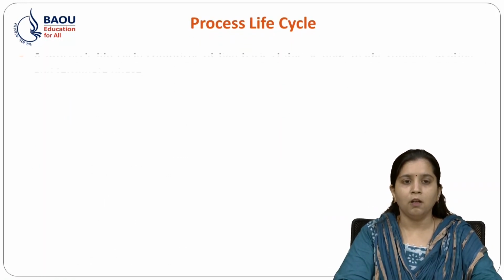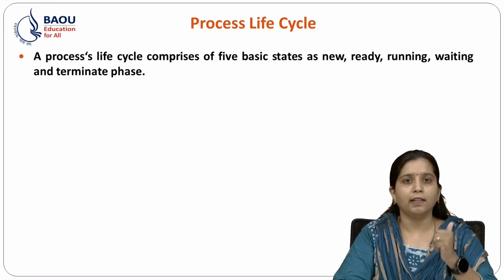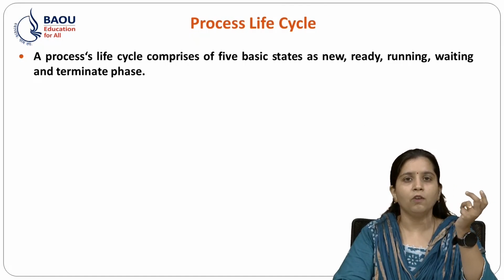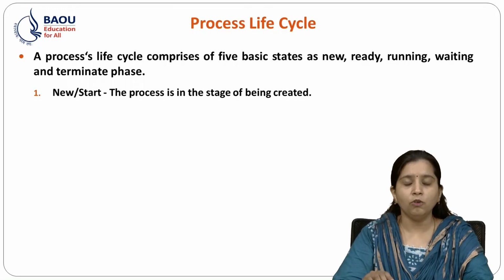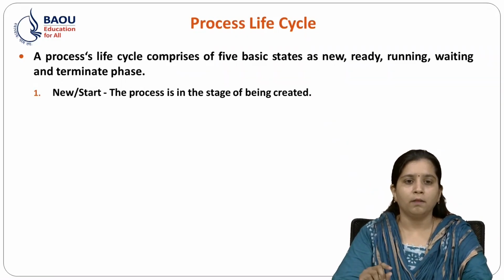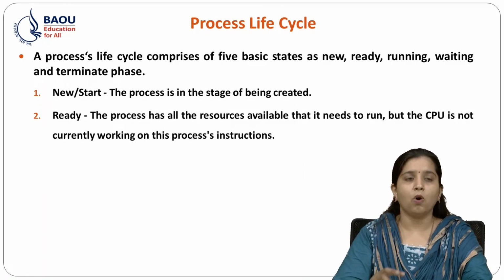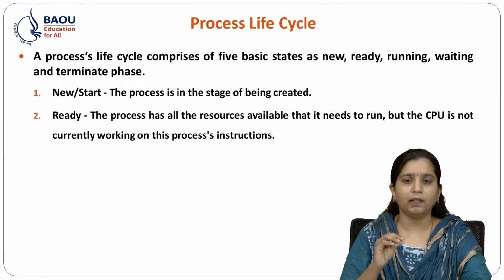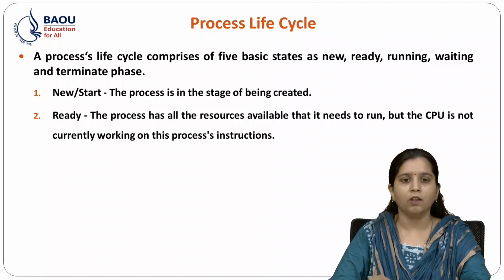Process life cycle. The process life cycle comprises five basic elements: new, ready, running, waiting, and terminated phase. In the new or start phase, the process is being created. In the ready state, the process has all the resources available that it needs to run, but the CPU is not currently working on this process's instructions.